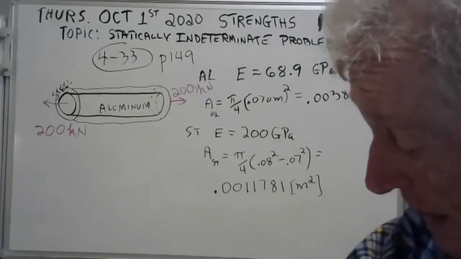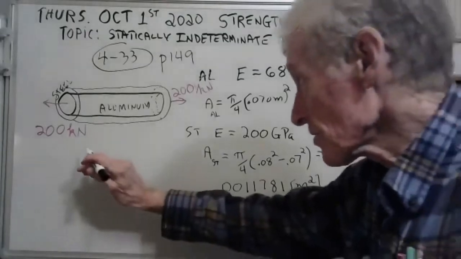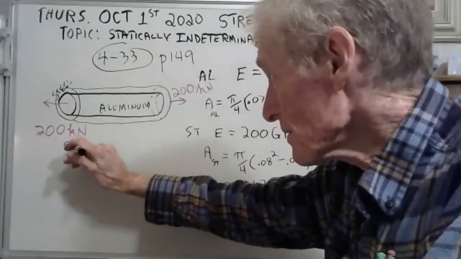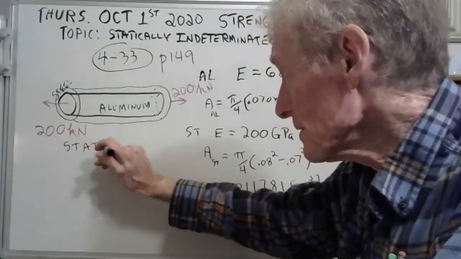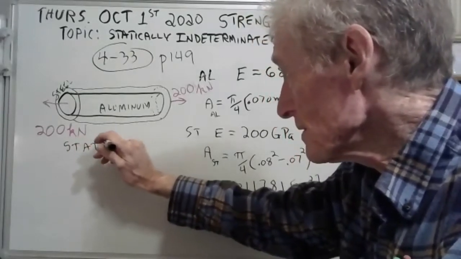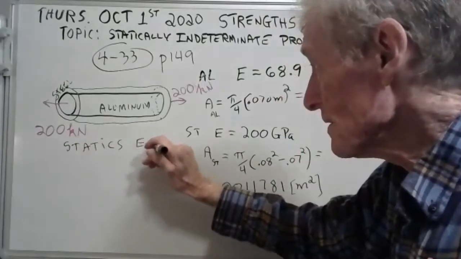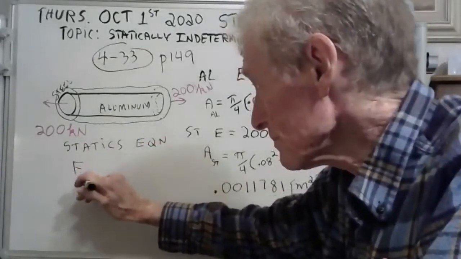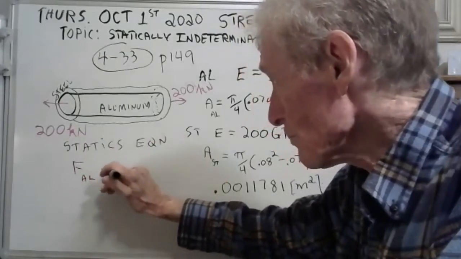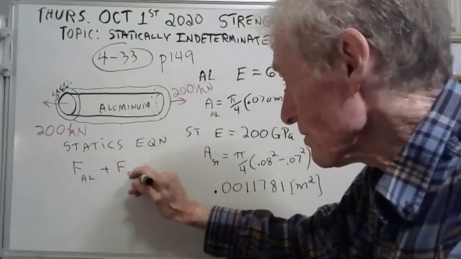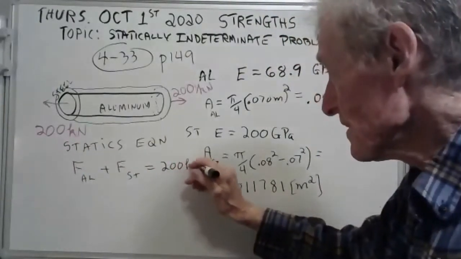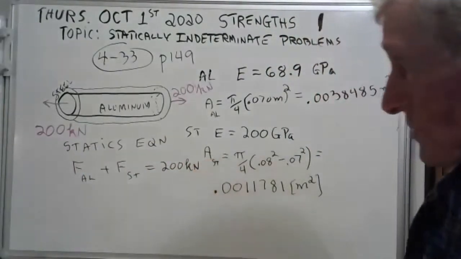And here's our statics equation. The force of the aluminum plus the force of the steel equals 200 kilonewtons.